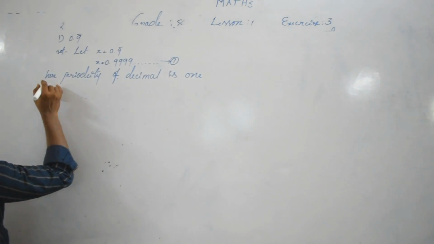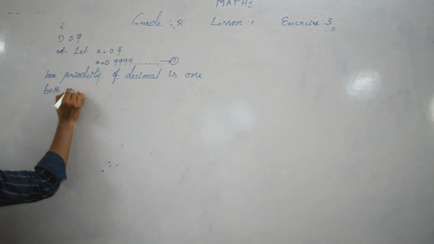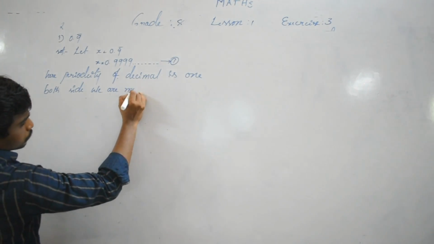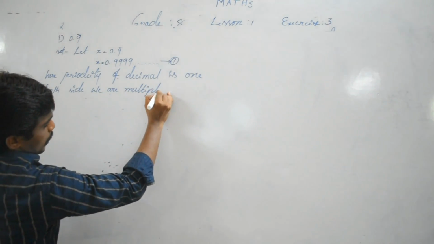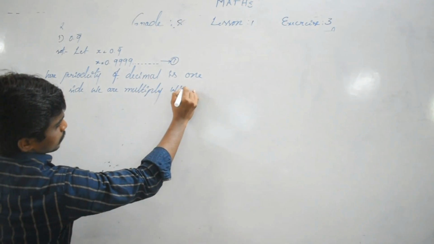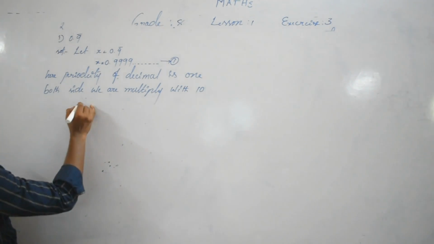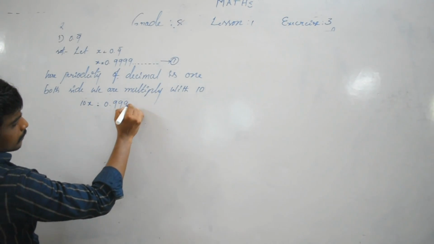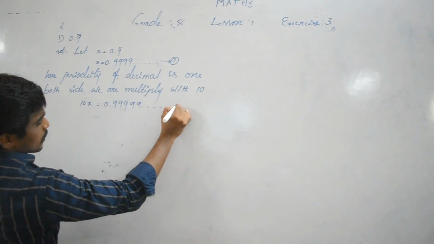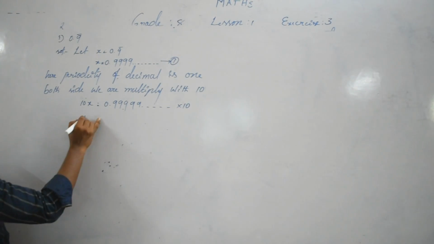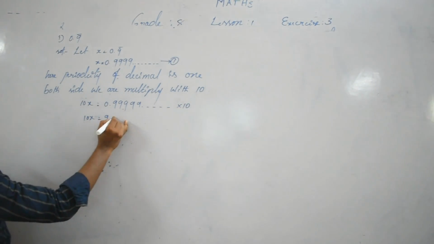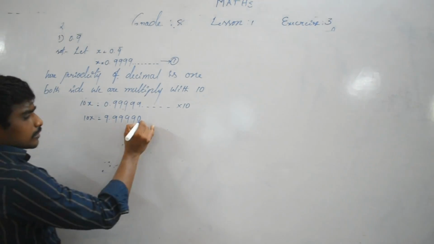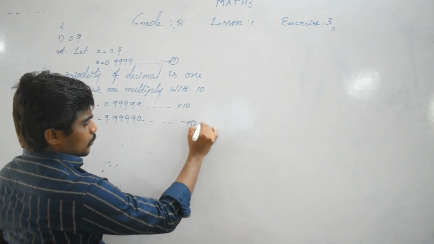So on both sides we multiply with 10. So 10 into x equals 9.9999. So this is equation 2.